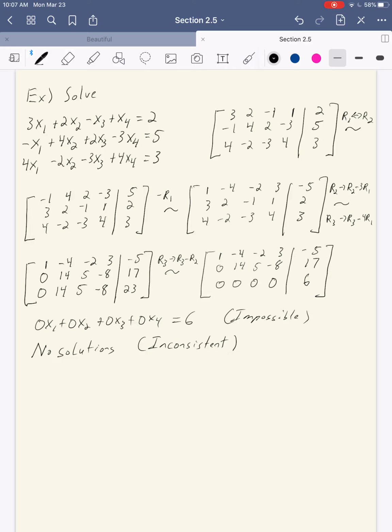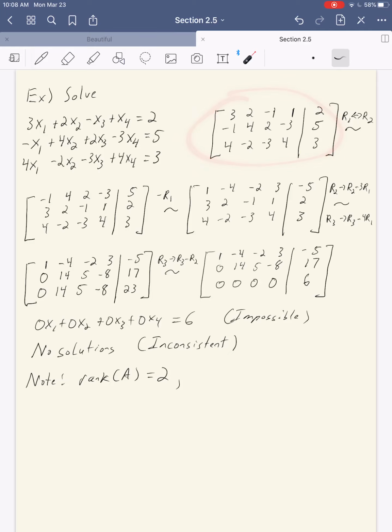So let's see what happened in terms of rank that might explain this inconsistency. If we look back at the matrix A, this guy here, we followed this down to here. He's not quite in row echelon form here, but of course dividing by that 14 would show us that there are going to be those 2 rows there. So if we make a note here, the rank of our actual matrix was 2. What about the rank of the augmented matrix?